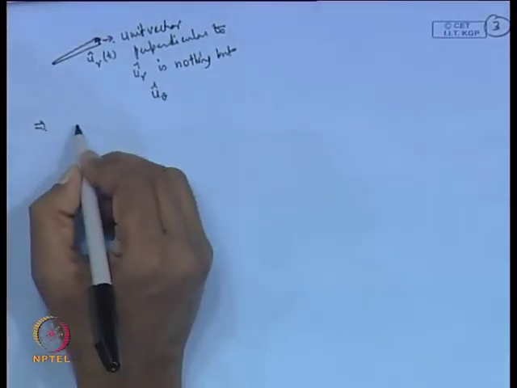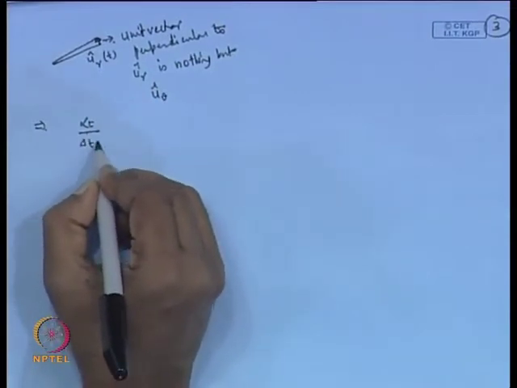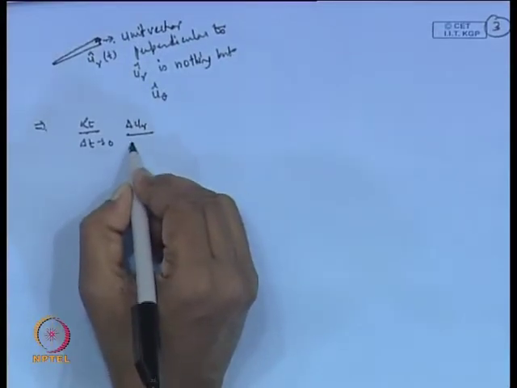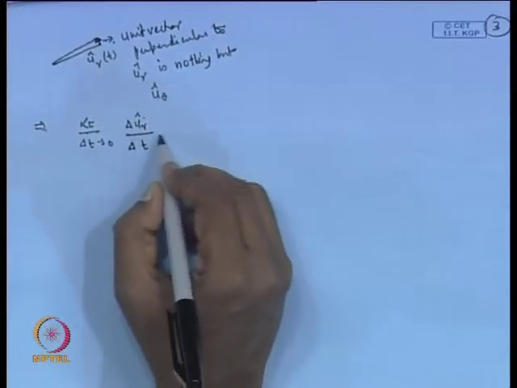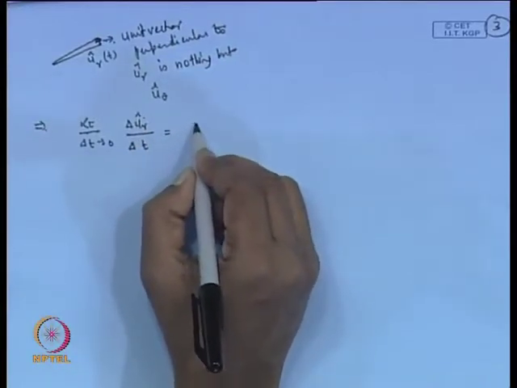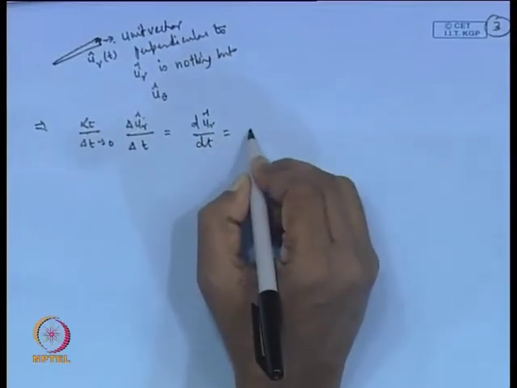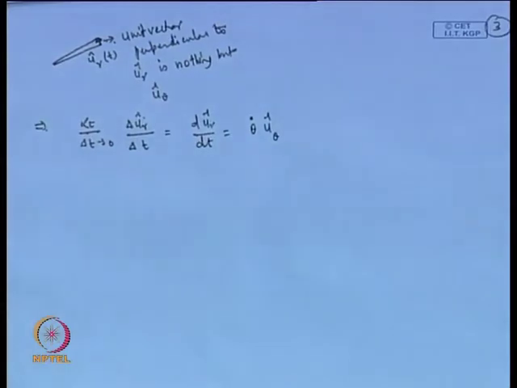This implies that the limit delta t tends to 0, d u r cap by d t is equal to nothing but theta dot times u theta cap.